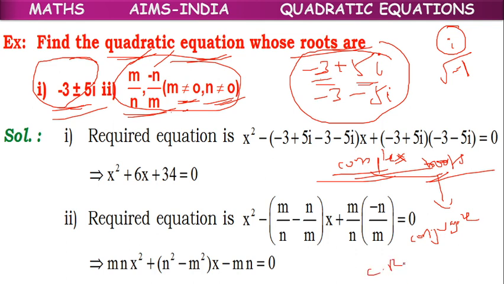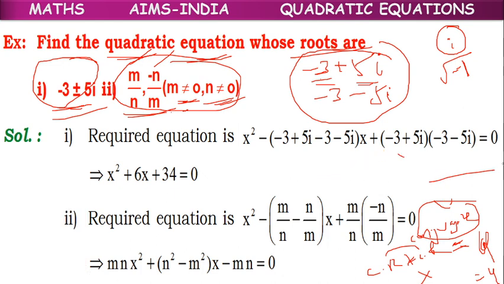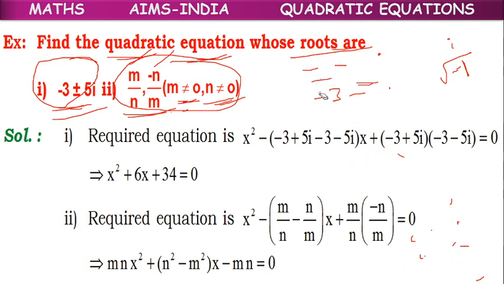What does it mean? If we add two complex roots, it will be a rational number, and if we multiply two complex roots, it will be a rational number. Then they are called conjugate roots. So in the first question they have given complex roots, and for those we have to find the equation.